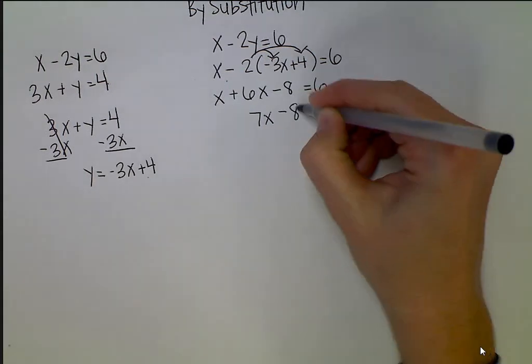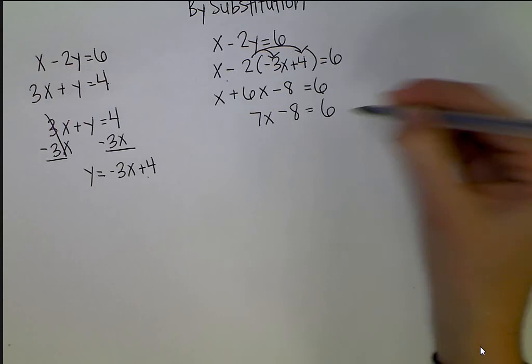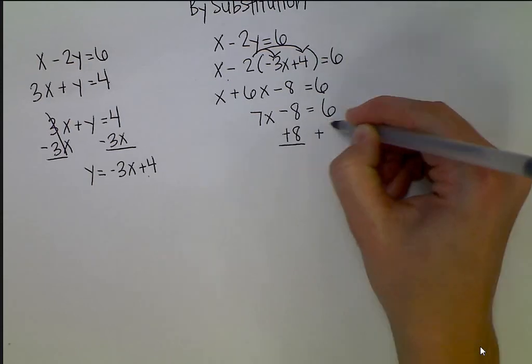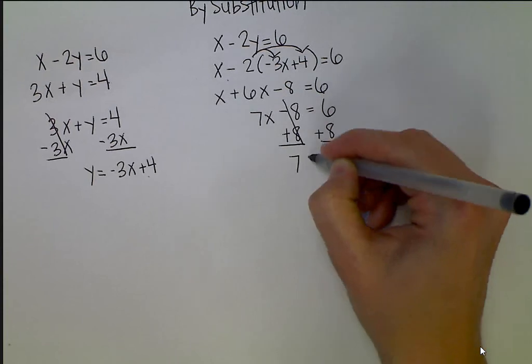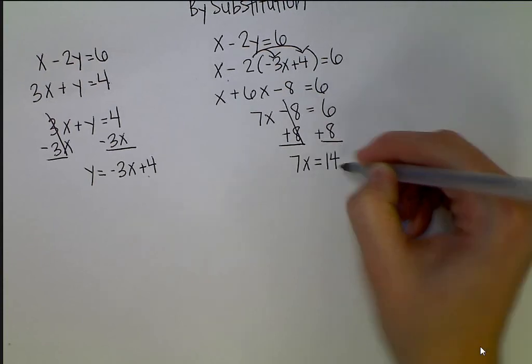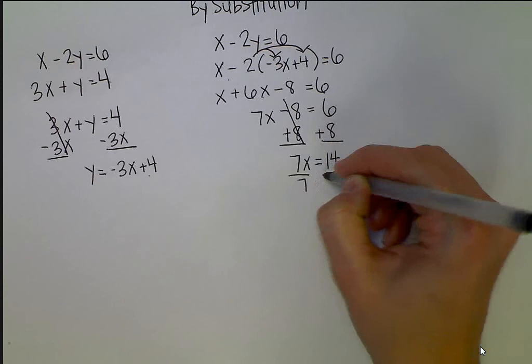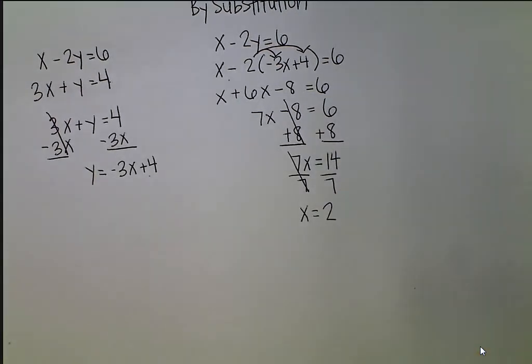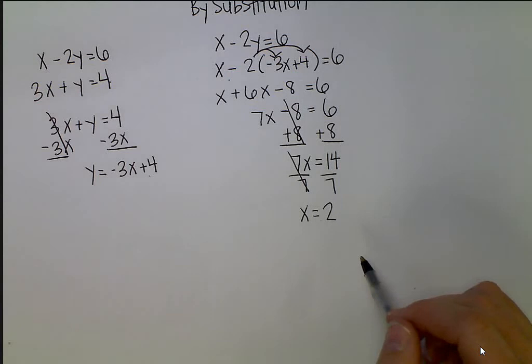Add 8 to both sides. And divide both sides by 7. X equals 2. I have my value for x, so I'm going to plug this back into my equation y equals negative 3x plus 4.